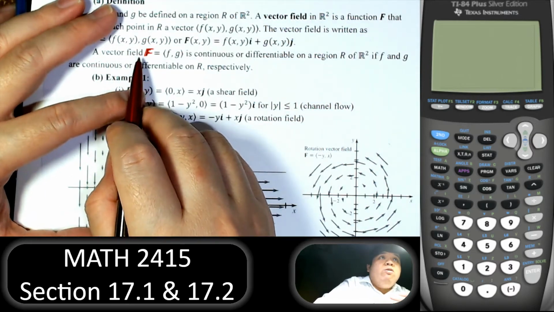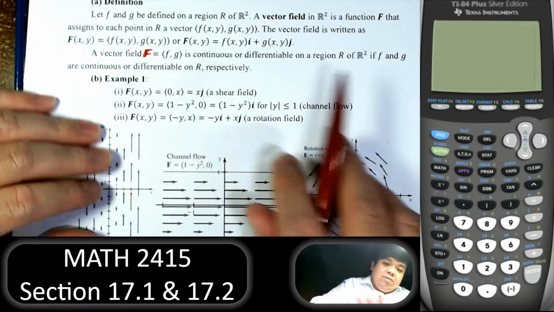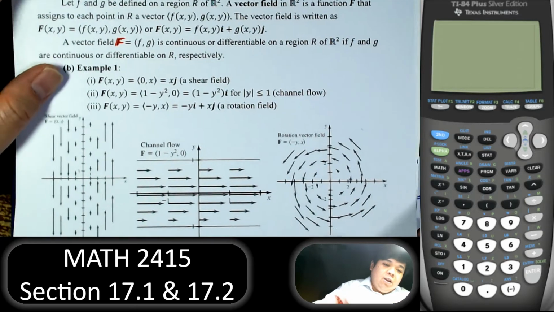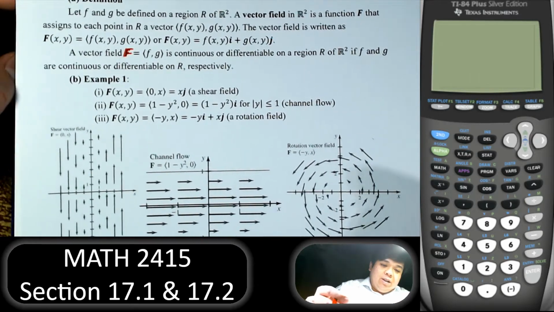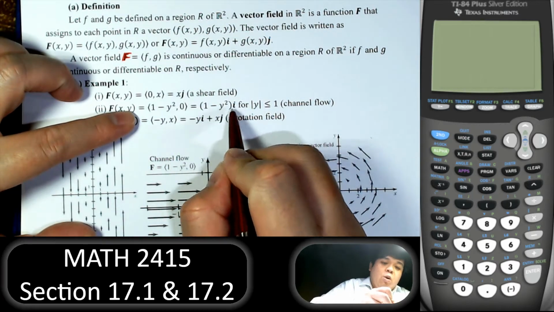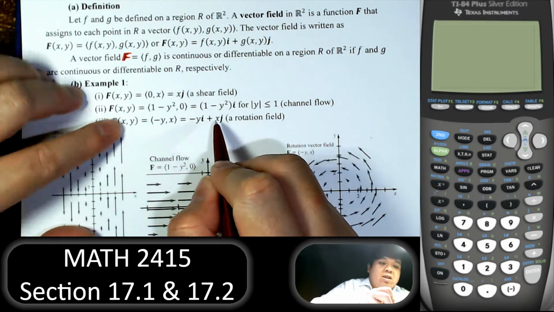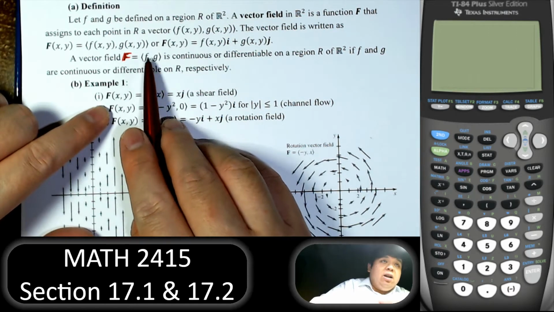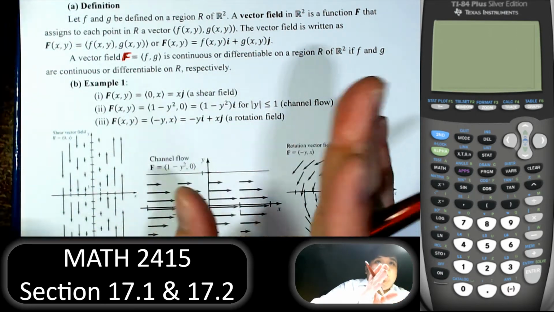And then of course i, j, k are boldface. The boldface are vectors. The regular ones are functions or scalars, or just one component.